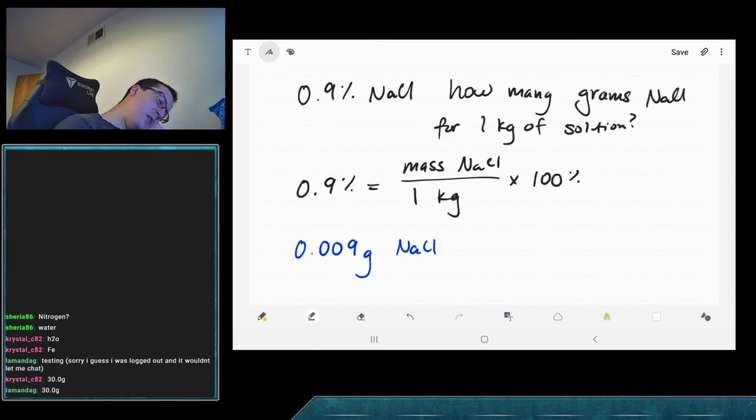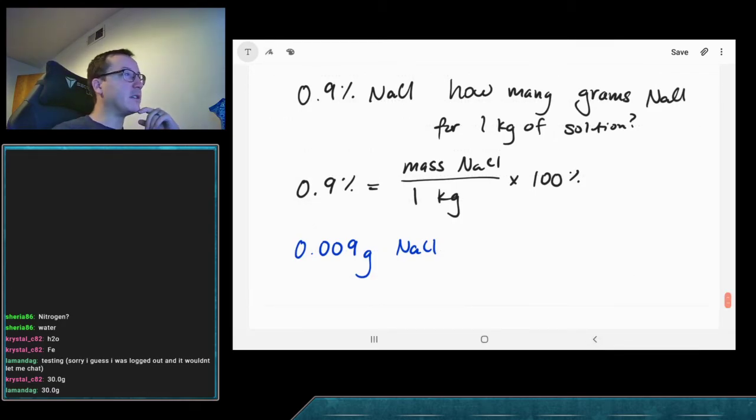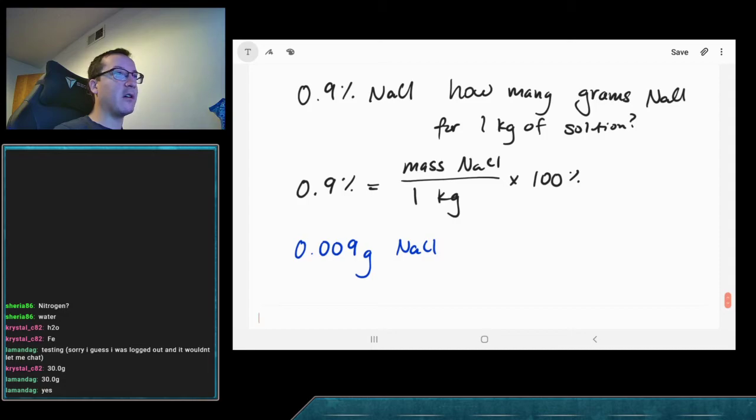Is normal saline 0.9%? Is that right? That number was in my head, but I'm not sure. Let's find out. Yeah, it's 0.9%. Okay, so then that's what it would be. So 0.009 would be our magic number there.